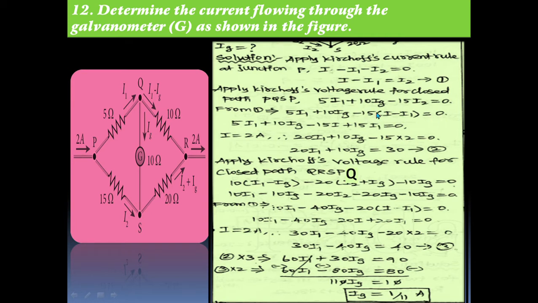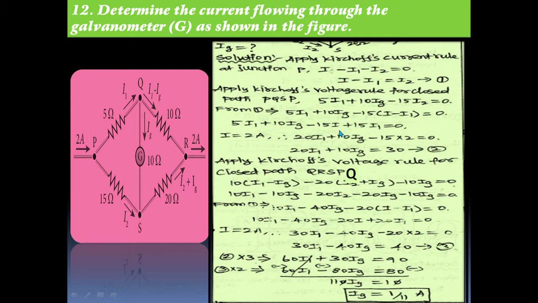Now multiply this term: 5 I1 plus 10 Ig minus 15 I plus 15 I1 is equal to 0. Already we know the value of current I is 2 ampere.